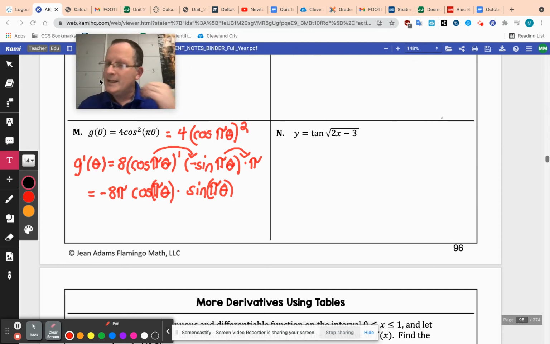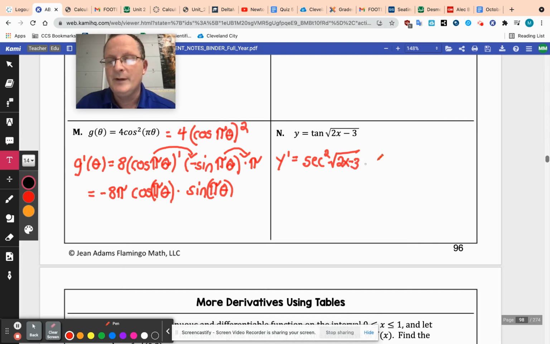n, oh my, it's a 2x minus 3 inside a square root, which is inside a tangent. Okay, so let's just go. So y prime is equal to, the derivative of tangent is secant squared. So secant squared, and then I'm copying the square root of 2x minus 3.